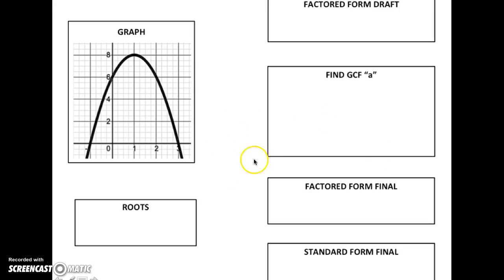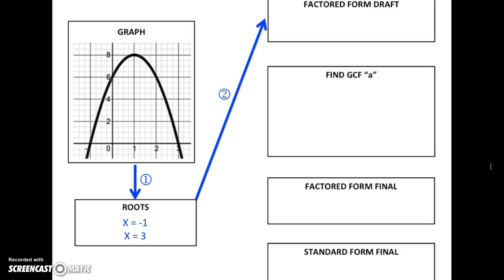Okay, we're starting with the graph, and the first few steps are going to be the same as in the previous example. We're going to use the roots of our graph to get a factored form. Here we have roots at x equals -1 and x equals +3, and I just listed those roots. The next step is to use those roots to write the factored form, and again we're going to flip the sign.